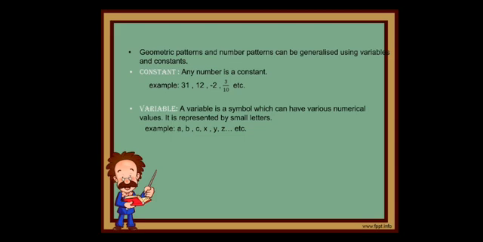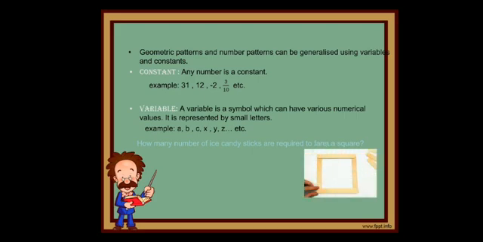Now say this. How many ice candy sticks are required to form a square? To form one square, we require 4 ice candy sticks. So for 2 squares, how many ice candy sticks are required?